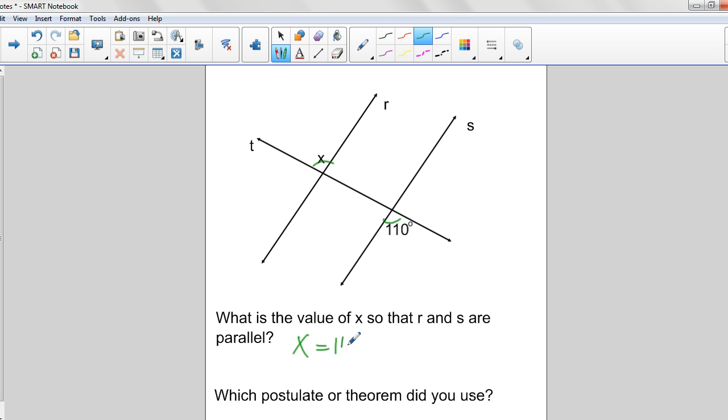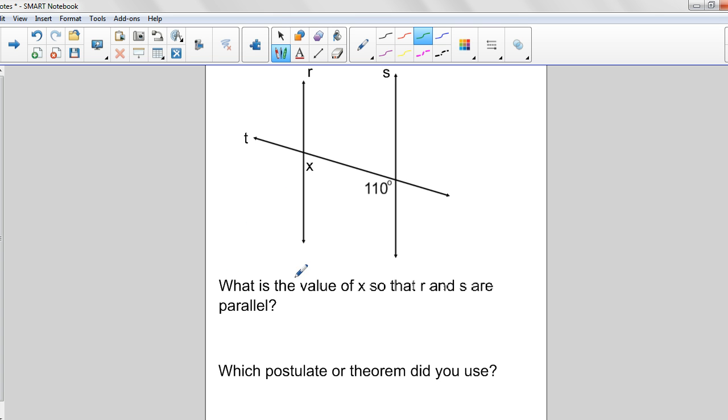That means x has to be 110 degrees. So which postulate or theorem do we use? We use the converse, not just a regular, but the converse of the alternate exterior angles theorem. Because we're proving the lines are parallel, so it's the converse.